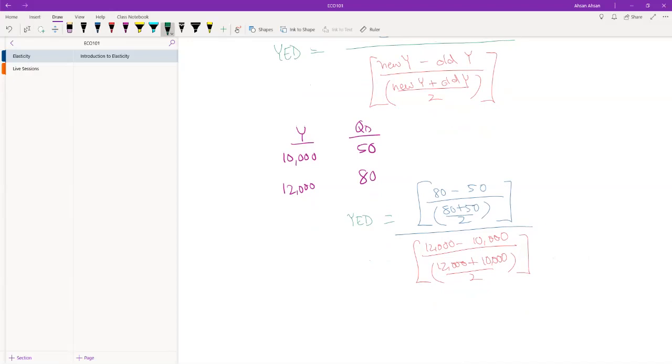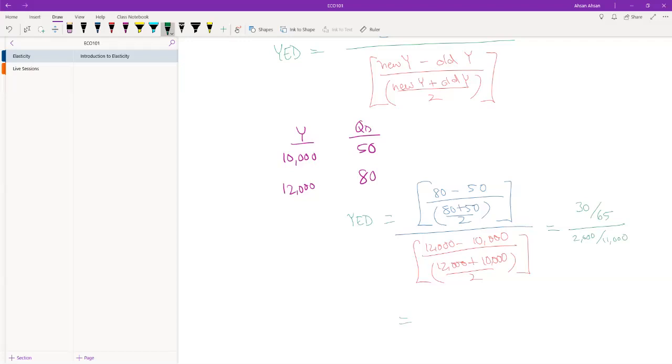And so what we get is 30 divided by 65, and over here we have 2000 divided by 11,000. Right.